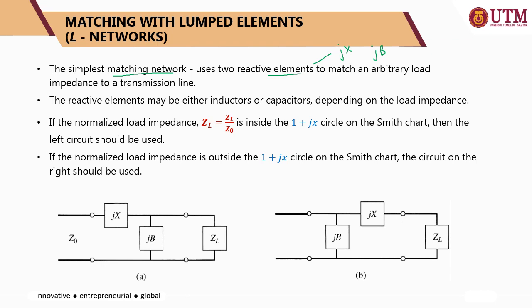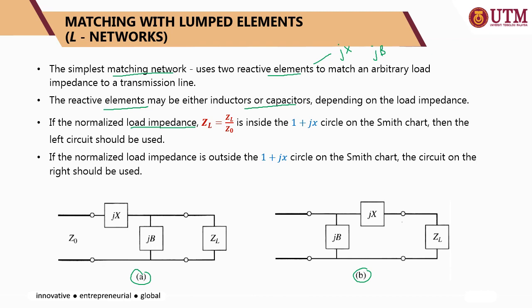The reactive elements may be either inductors or capacitors or a combination of both, depending on the load impedance you have. So the first decision that you need to make is to choose whether to use configuration A or B. It depends on the normalized load impedance.